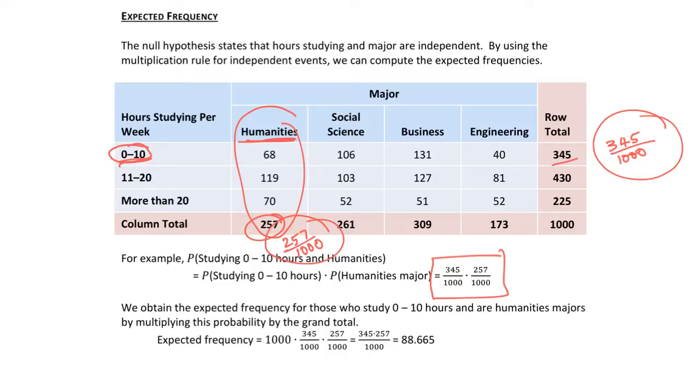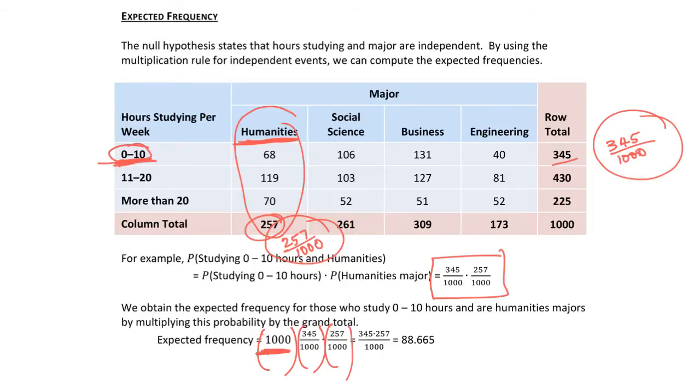So in order to find the expected frequency for those who study 0 to 10 hours and are humanity majors, you will multiply these two probabilities and multiply by the grand total. So grand total times the probability of studying 0 to 10 hours times the probability of humanity major.